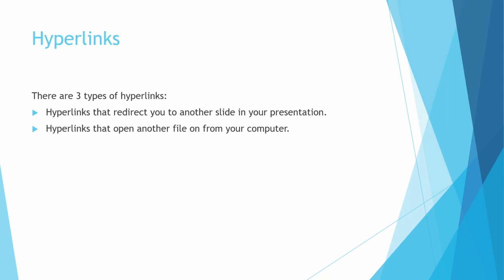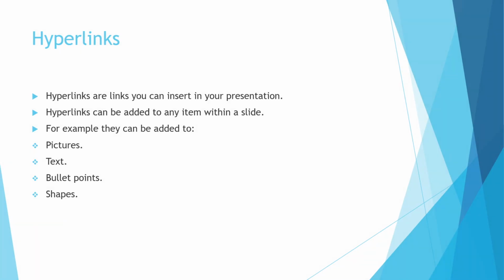So another thing about hyperlinks is, for example, you can add hyperlinks to pictures, texts, bullet points, or shapes. So any component or any content within a slide can be used to add a hyperlink.